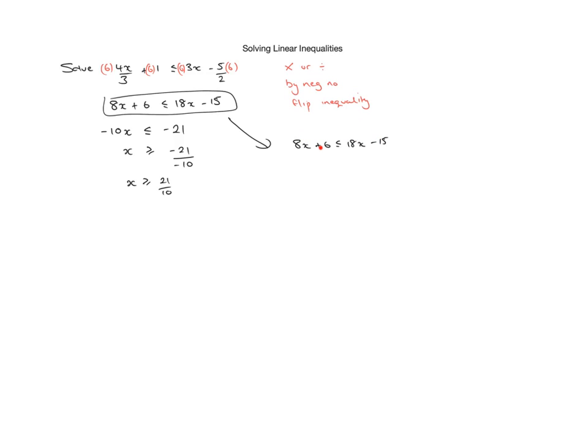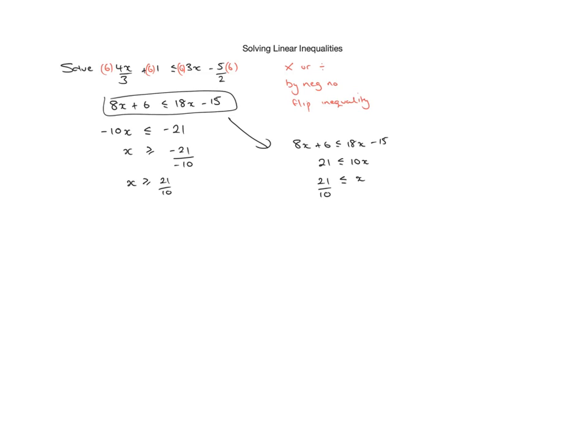I'm going to throw that one across the other side as well. And if that's the case, what we would have ended up with is this. So 18x take away 8x is 10x. 6 plus 15 is 21. And what you would have done here, again, you can divide by 10, so 21 divided by 10.